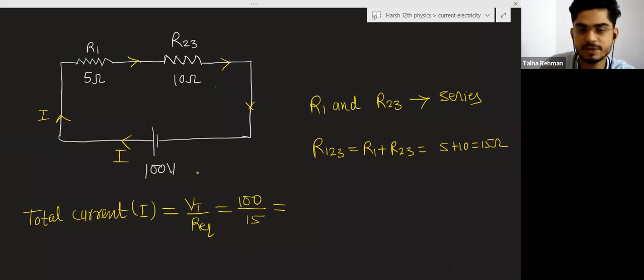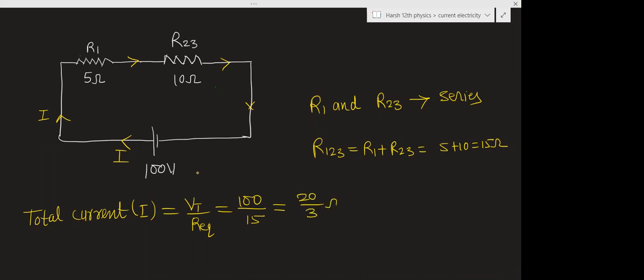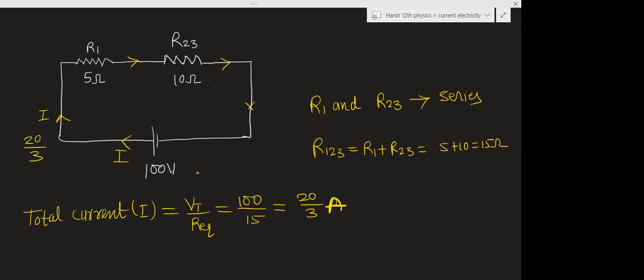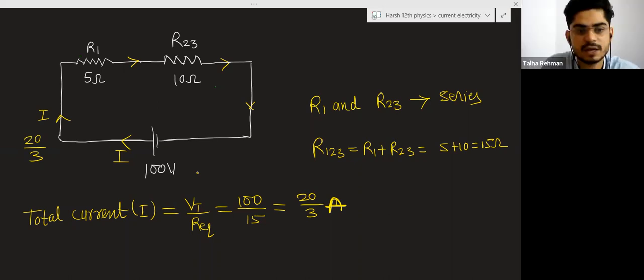When you divide both numerator and denominator by 5, you will get 20 divided by 3 ampere. So the value of this current is 20 by 3 ampere. Here also the current will be the same. So in the 5 ohm resistance, the current is 20 by 3 ampere.